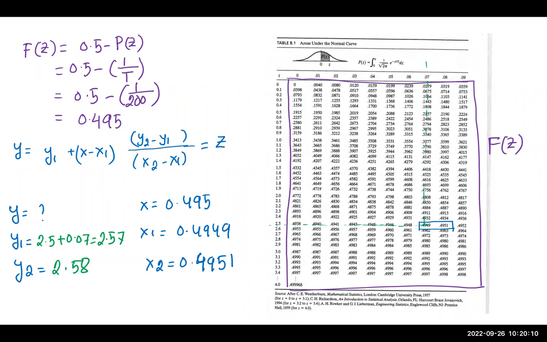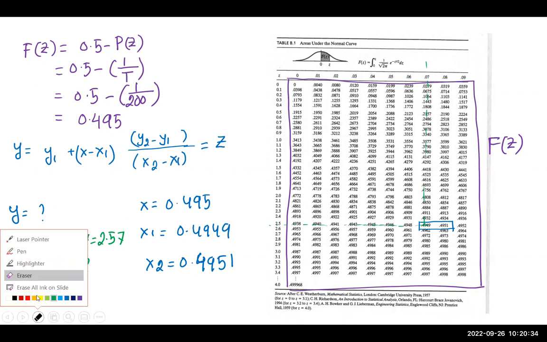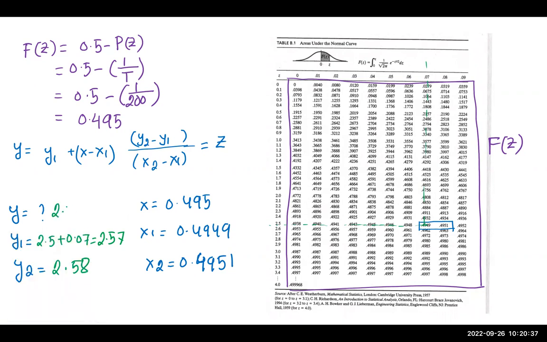So even if you don't do the interpolation, you know what the answer will be, but you may not be that lucky during the class. Maybe I will give you something where you need to do the interpolation. So make sure you write down the interpolation equation, or you know how to do it. If you do the interpolation, I think you will get 2.575, so that is the Z. And if you have that Z, you know what X will be from the previous equation.